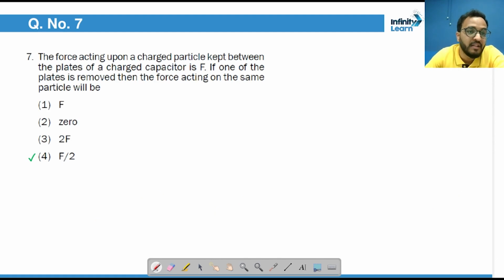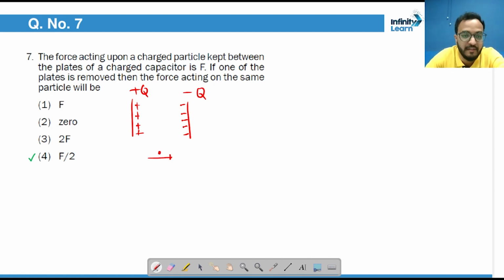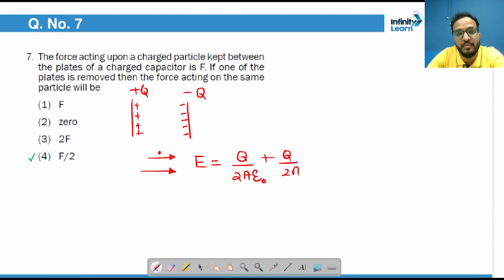Seventh question. The force acting upon a charged particle kept between. See, simple logic. Whenever you use a capacitor, there are two plates. One has charge plus Q, another has charge minus Q. So the electric field in between is due to both the plates, right? So electric field E is actually equal to Q by 2A epsilon naught plus Q by 2A epsilon naught.